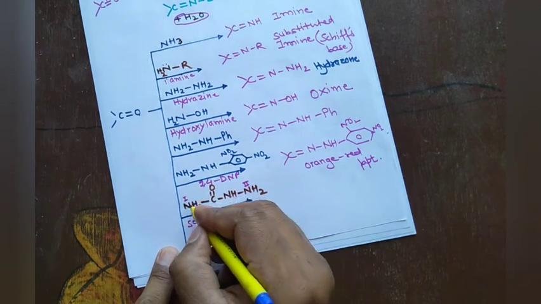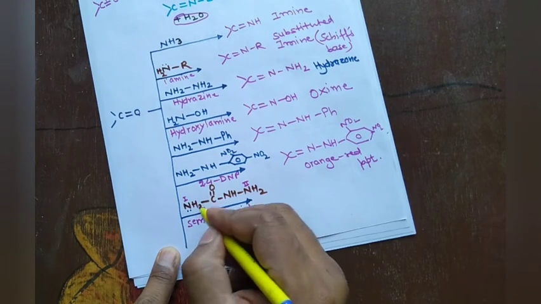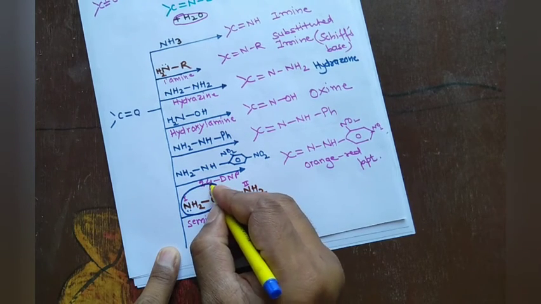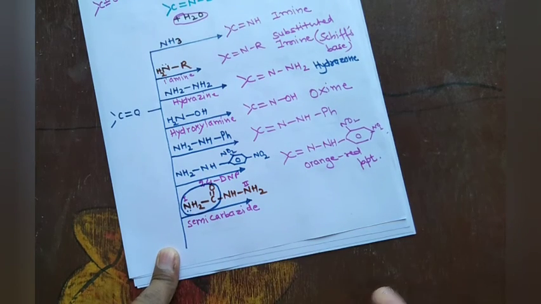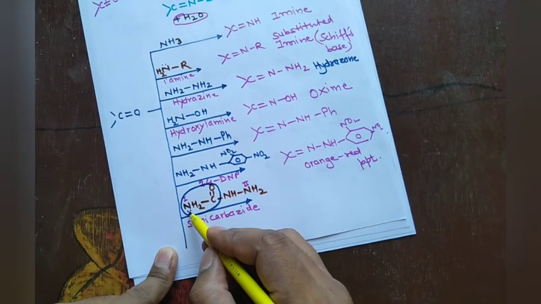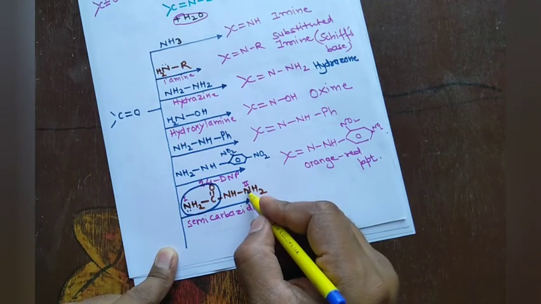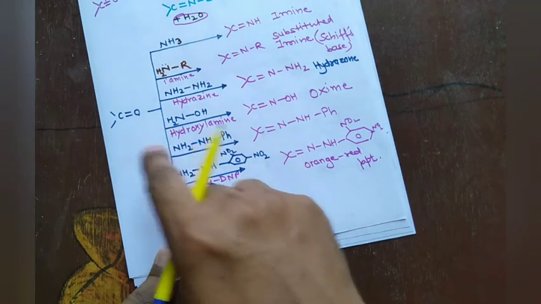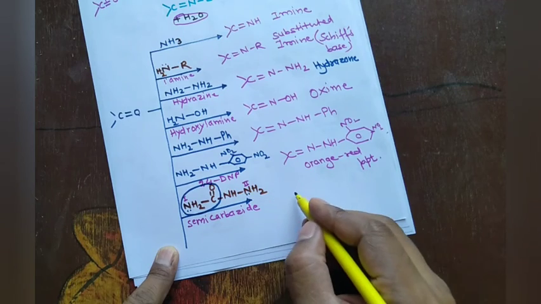The lone pair of the first nitrogen atom is in resonance with the CO group, this carbonyl group. It means that this lone pair is not available for nucleophilic attack. Only the lone pair on the second nitrogen can act as nucleophile. So the reaction takes place from the second NH2.